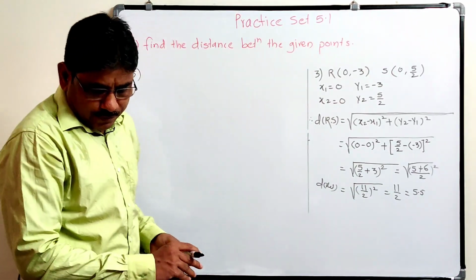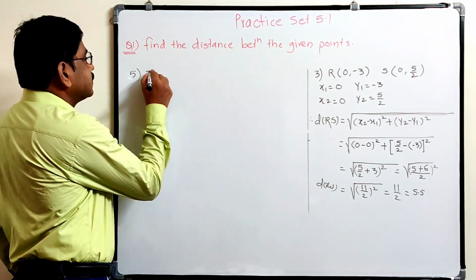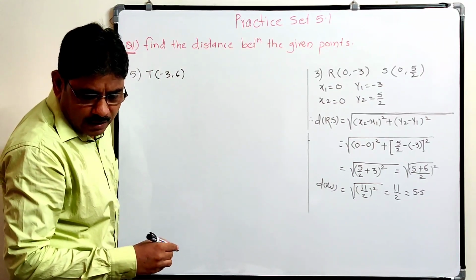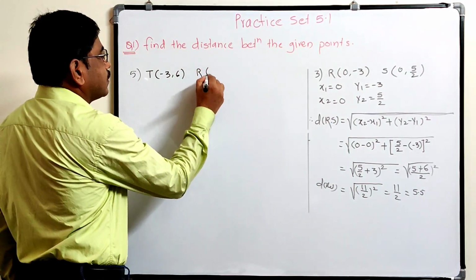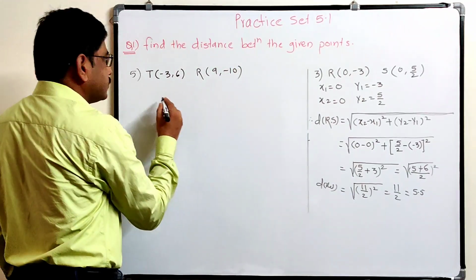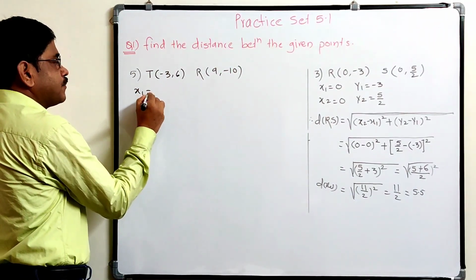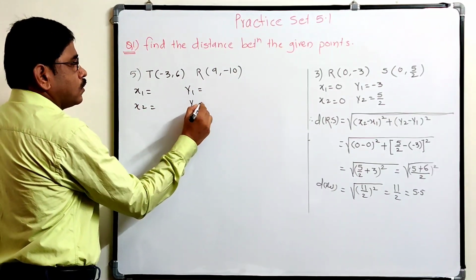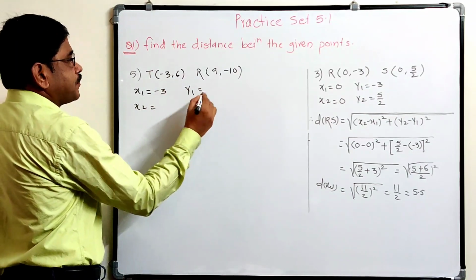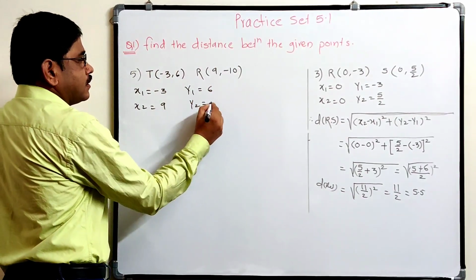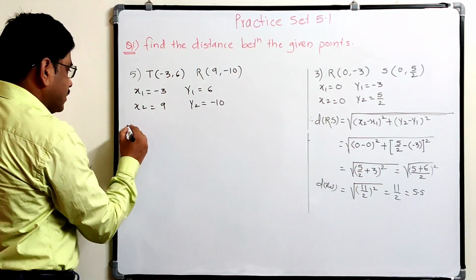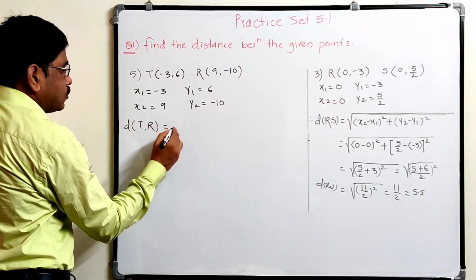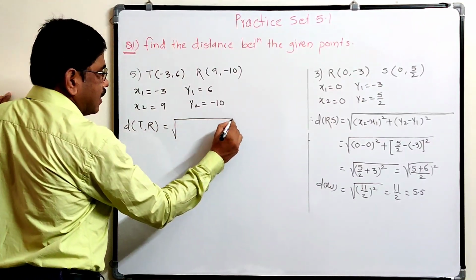Let us see one more sum from this one, fifth one. In fifth sum, T(-3, 6) and second point is given R(9, -10). So first write the value of x1, y1, x2, y2, here minus 3, 6, 9, minus 10. Write the formula. Here distance TR is equal to, you should write by distance formula.